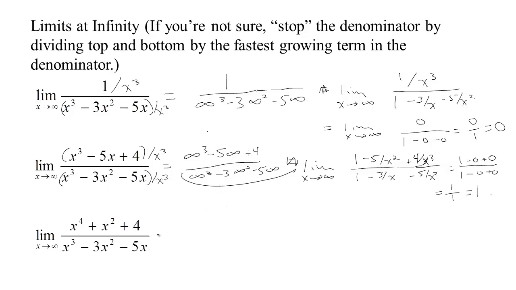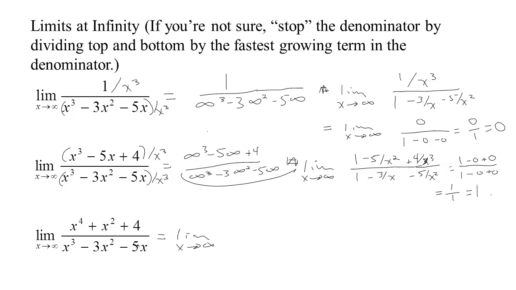All right, here's one last example. For this function, we've got the limit as x tends to infinity. Again, we have the top growing and the bottom growing. In order to figure out what to do, we could stop the denominator so that it will settle down a little bit and we'll be able to see what's happening.